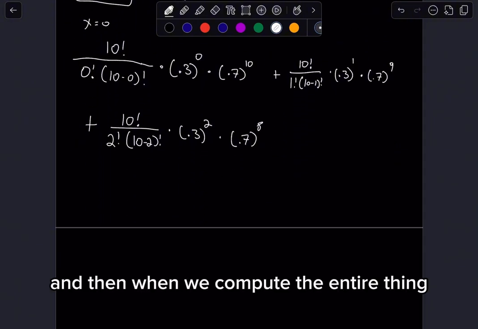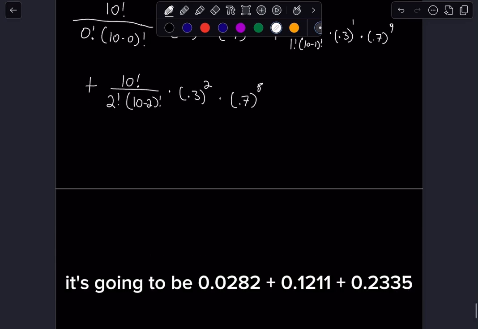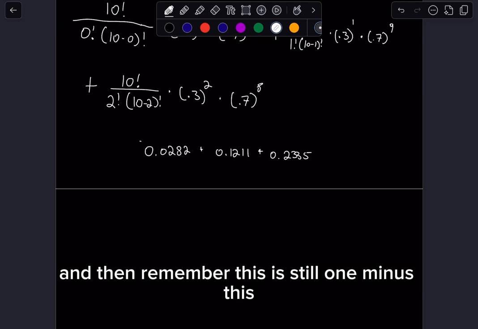And then when we compute the entire thing, it's going to be 0.0282 plus 0.1211 plus 0.2335. And then remember, this is still 1 minus this.